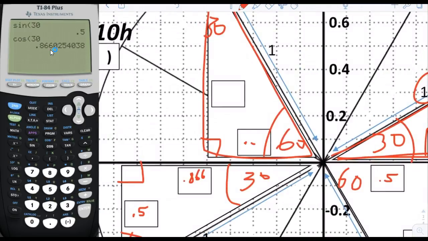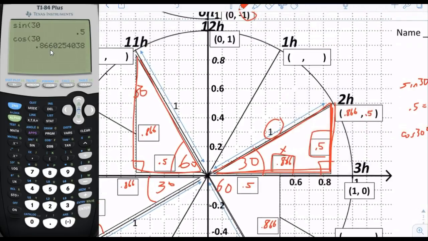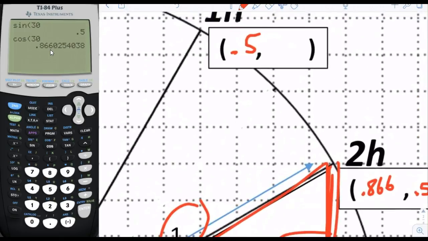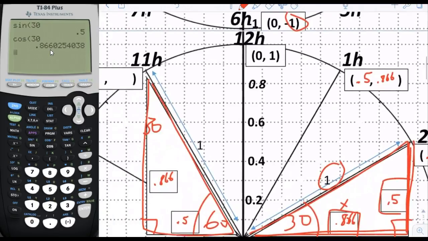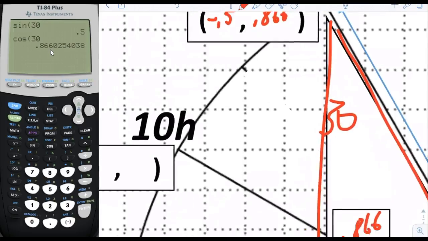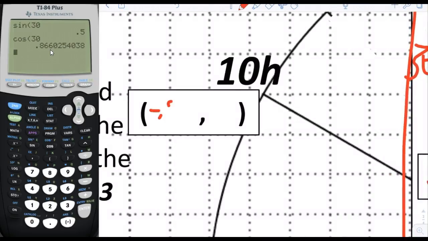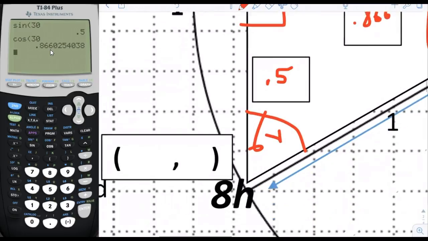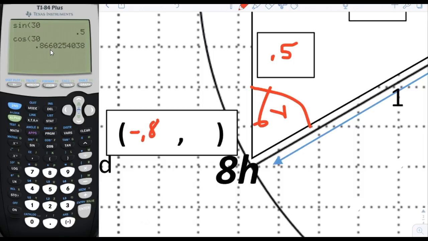Okay? All right. And then what we do is we're going to fill in all of these coordinates here using three decimal places. This one's going to be negative 0.5 and 0.866. This one here is going to be negative 0.866, 0.5. This one here is going to be negative 0.866, negative 0.5.